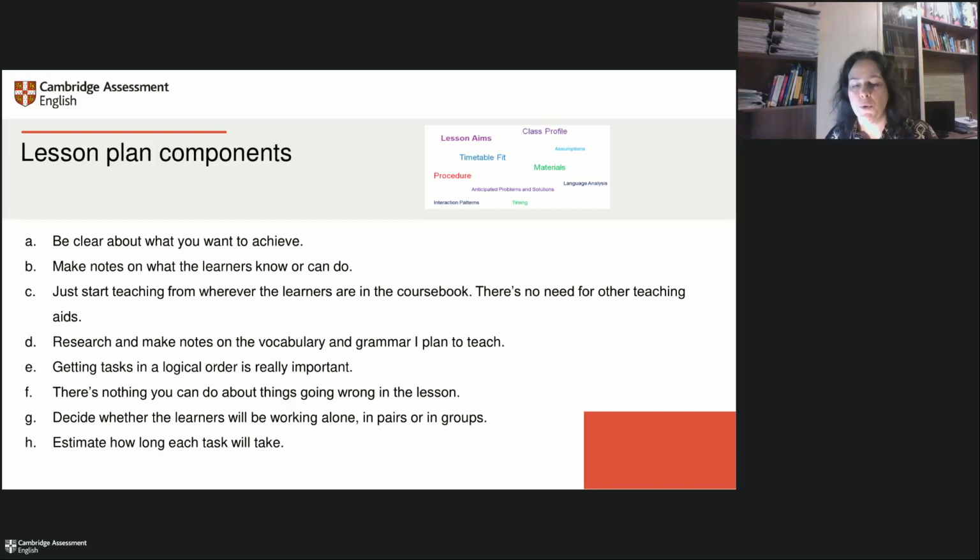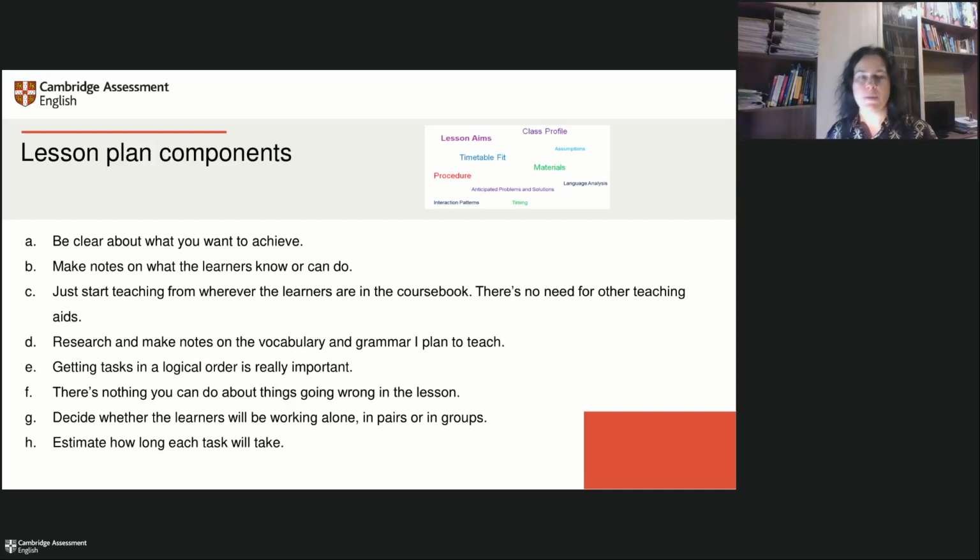So we focus on spoken discourse, receptive first, then productive, and also first spoken language and then written. I got confused myself.